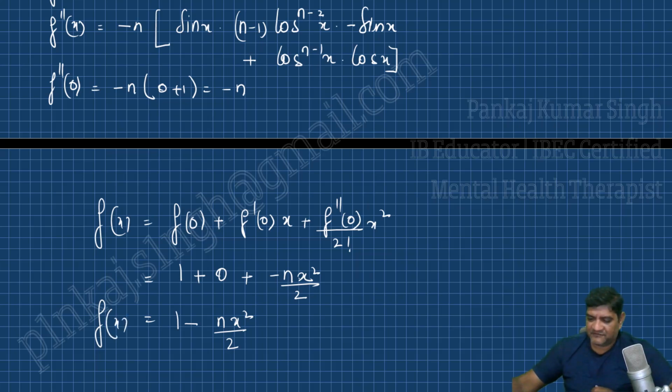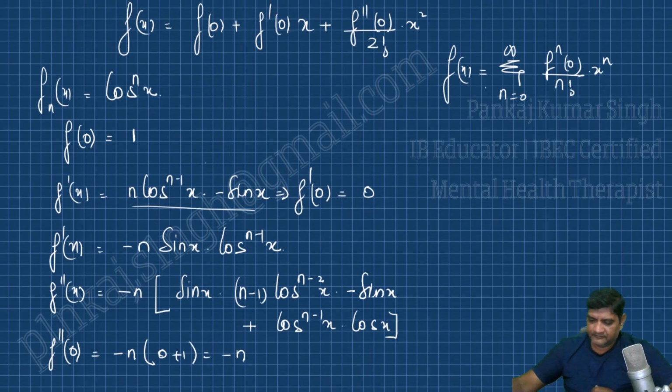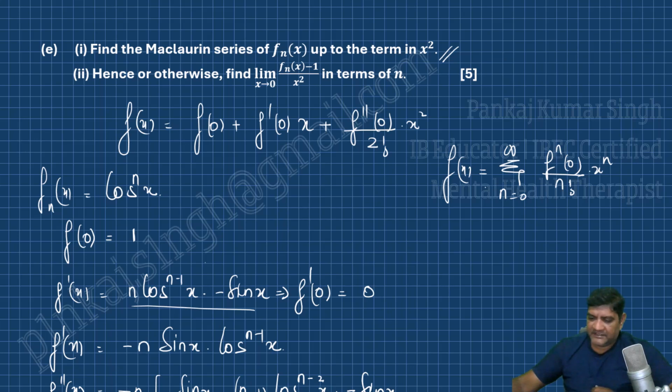And that's your Maclaurin's expansion. Now let's look at the last part of the question. He wants us to find the limit of that: limit as x tends to 0 of cos to the power of n x minus 1 divided by x squared.